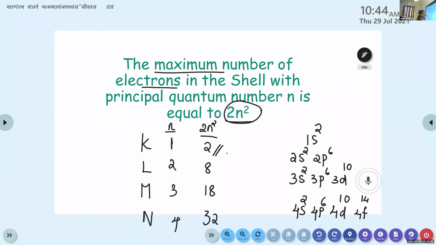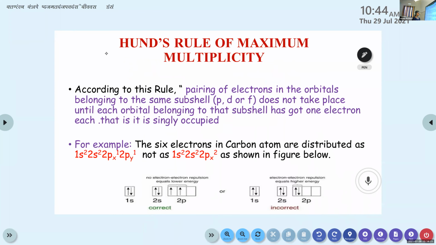Yes. Then the third rule, Hund's rule of maximum multiplicity.